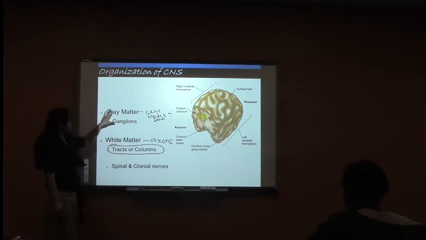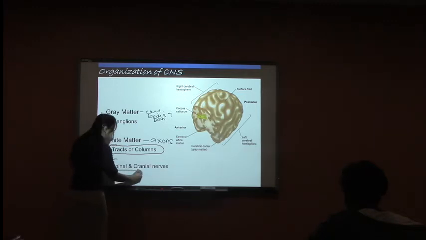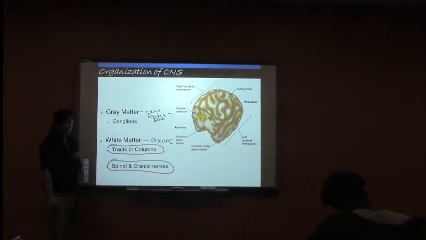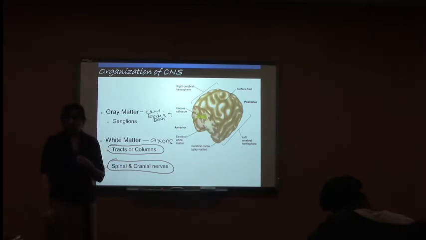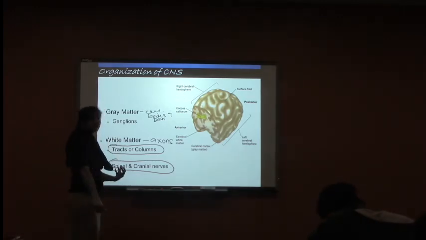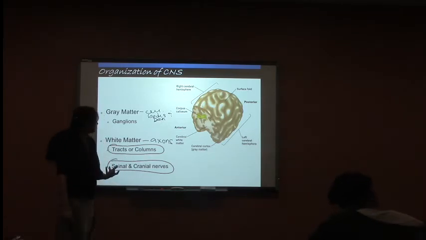When you talk about gray matter in the central nervous system, it's just called gray matter. When I'm talking about white matter in the peripheral nervous system, they're called spinal or cranial nerves. So all of your nerves in the peripheral nervous system are white matter.